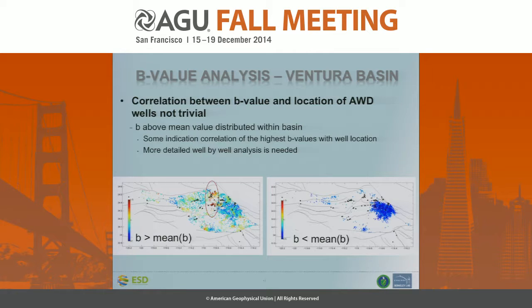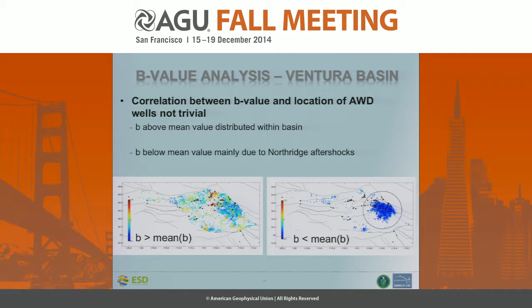And this is just a snapshot over the whole time. So it's the catalog from '84 until 2013, and we need a temporal evolution. What you can see here, all the low b-values, this is all the Northridge aftershocks, which in the future we probably have to take out of the analysis because you have wells in here as well, but it's clearly dominated by the Northridge events.